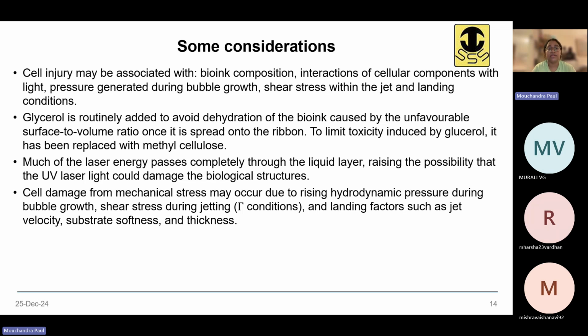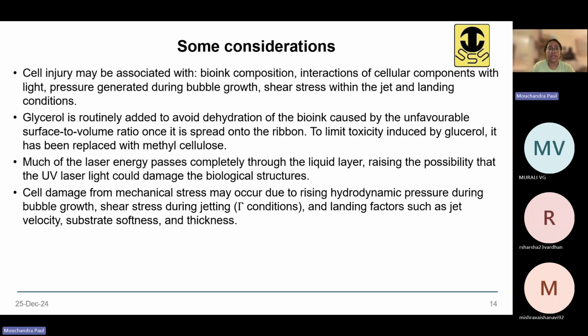And definitely the landing conditions, like how fast the droplet is coming. If it is splashing, then the cells can burst due to impact. So these factors can contribute to cell damage in this technique.